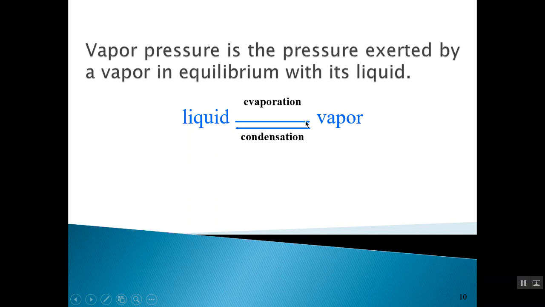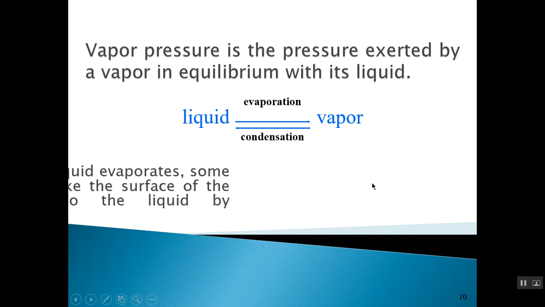So the forward process in this situation is evaporation, of course, and the reverse process is condensation. When you have those two processes occurring at the same time and at the same rate, the pressure exerted by the vapor is called the vapor pressure.